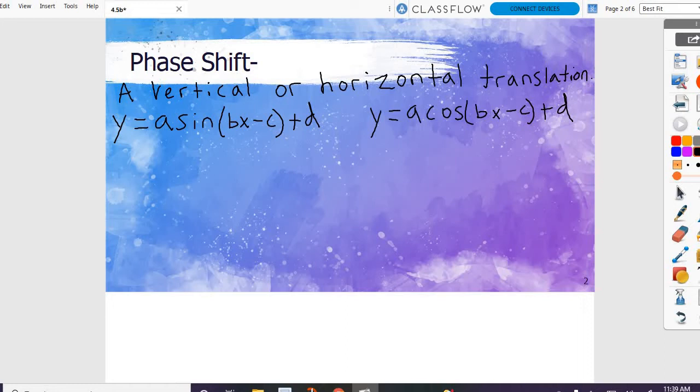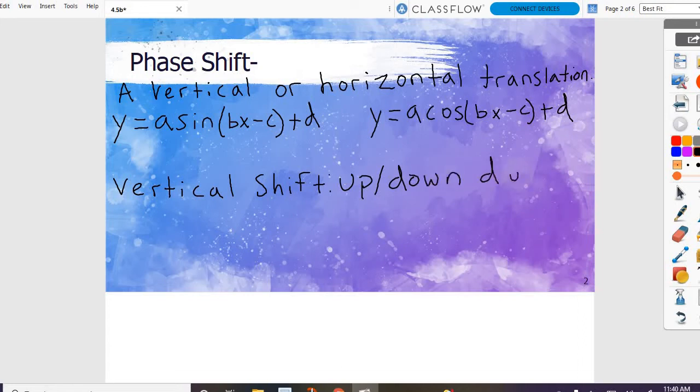Your D value is on the outside. Now for your vertical shift, it's going to be up or down D units. So whatever number D is, that's how much we're going to go up or down.